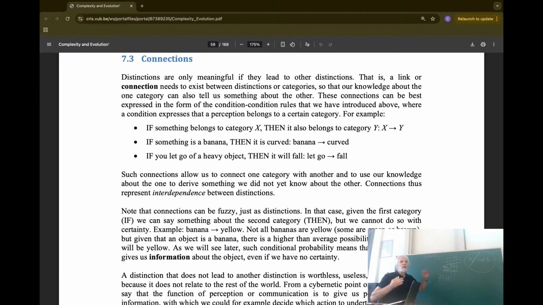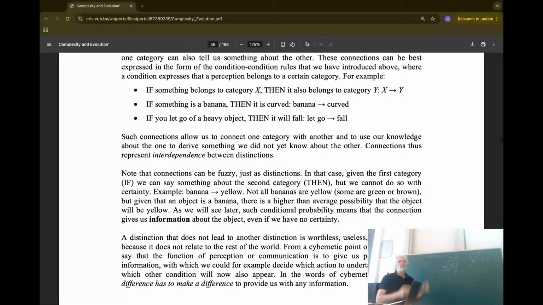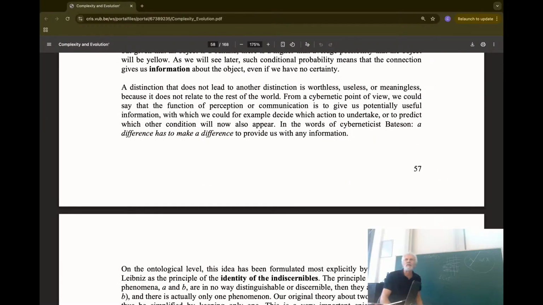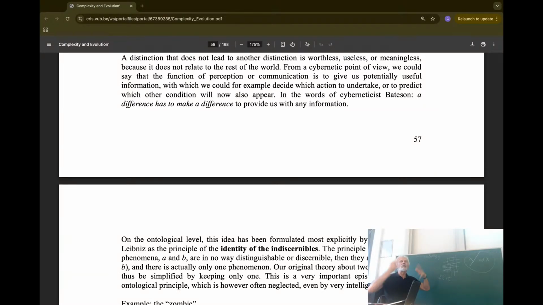And you will ask me, what is a flat? Well, a flat is a flat. Yeah, but how does a flat look? Well, a flat looks like a flat. Well, what properties does it have? Well, it's a difference that does not make a difference. I can't say anything about what a flat is. It's a non-existing concept. It's a meaningless concept.